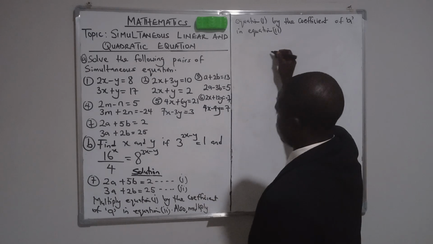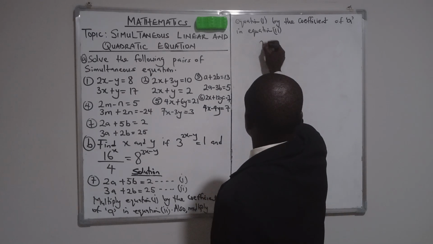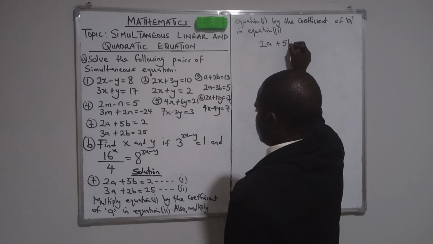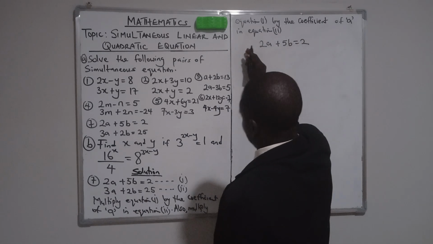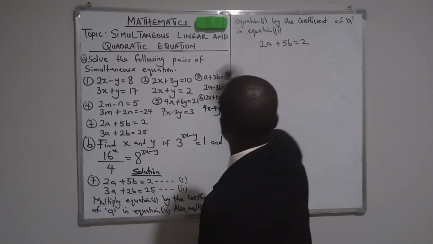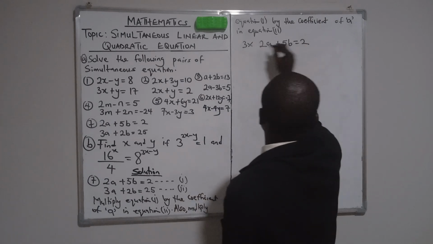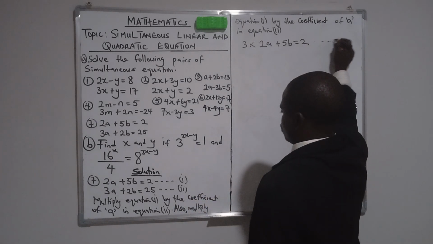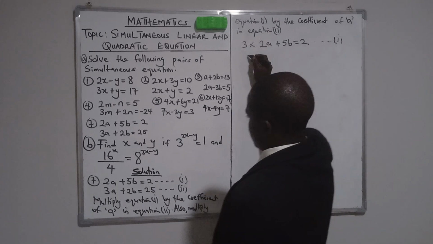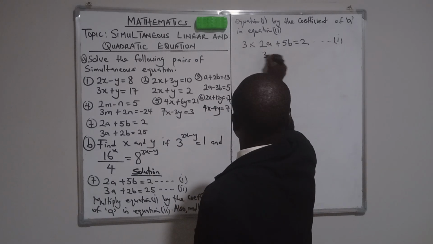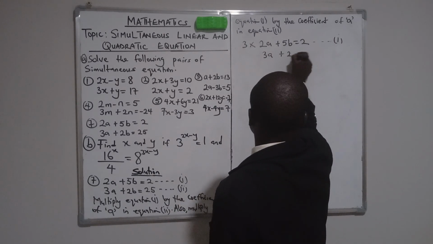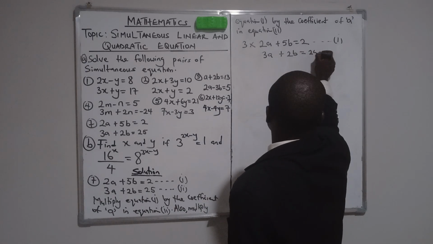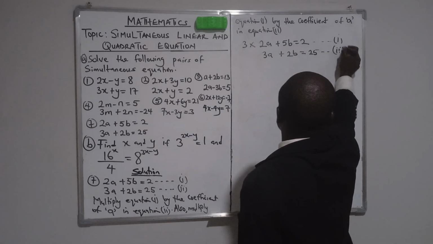In that case, now write 2a plus 5b equals to 2. Use multiply by 3. That's equation 1. And also the second one, 3a plus 2b equals to 25, equation 2.